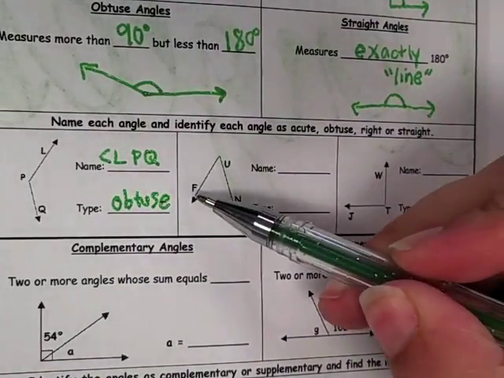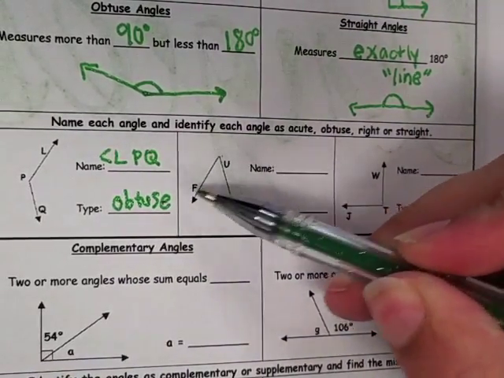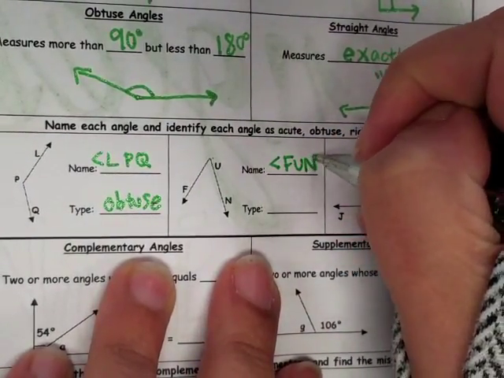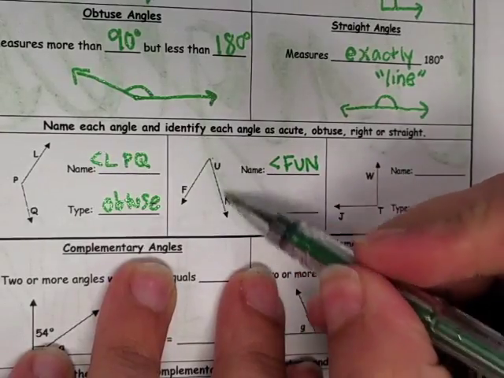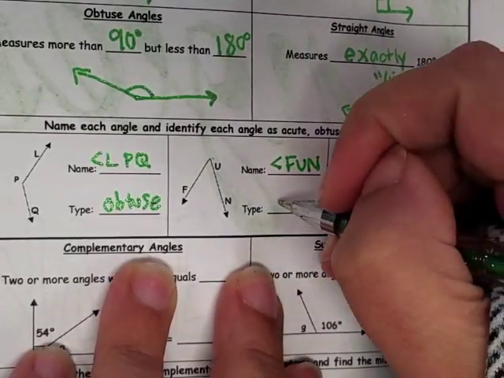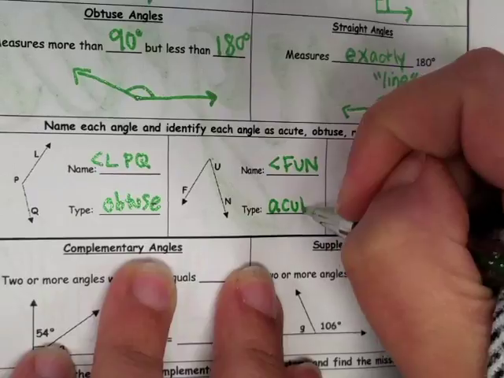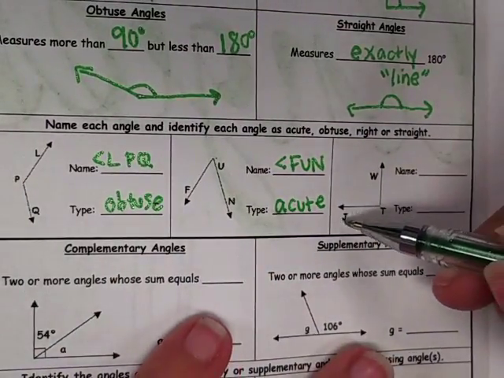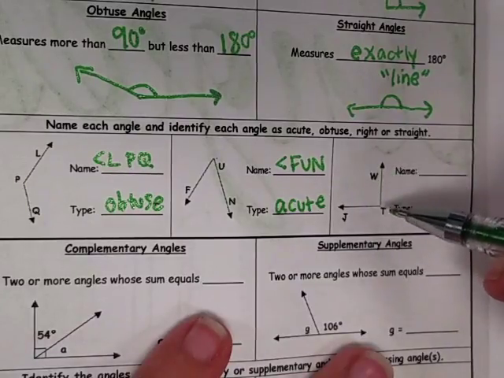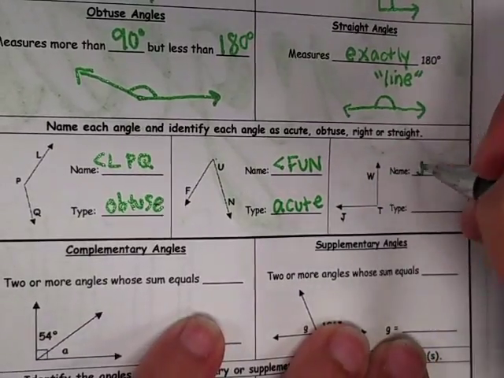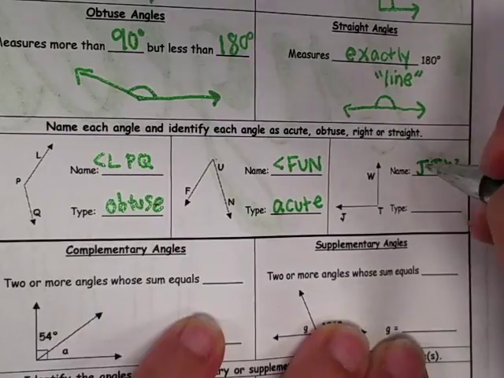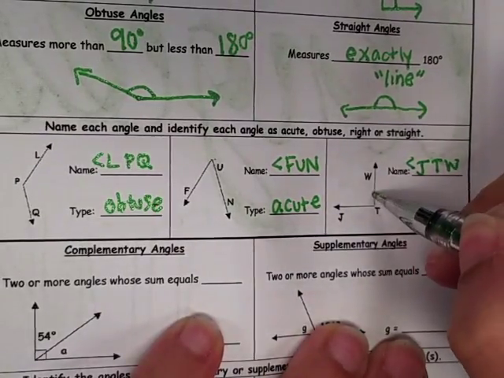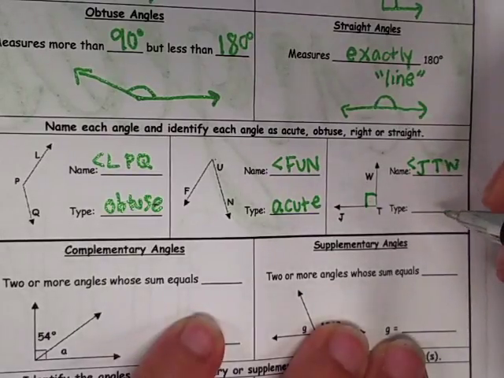This angle measure is FUN or NUF, and I'm going to call this less than 90 degrees, so this is acute. This angle measure, JTW or WTJ. And this one looks like it's forming a nice perpendicular shape, so I'm going to call this a right angle.